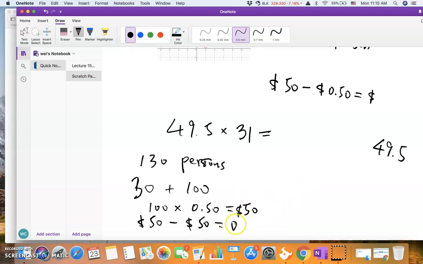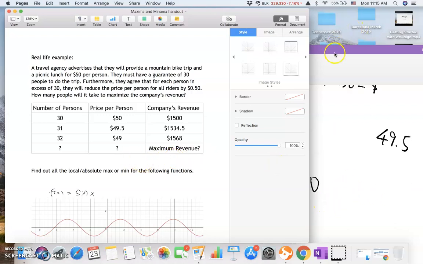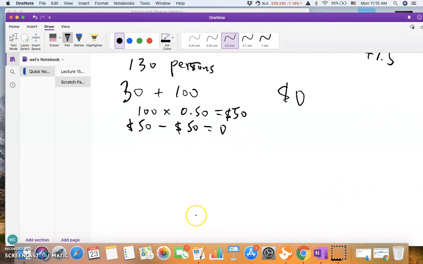So now the price the company charges for each person is 0. That means the revenue is 0, so the company doesn't make any money. So this is not the case that the more customers, the more money the company will make.